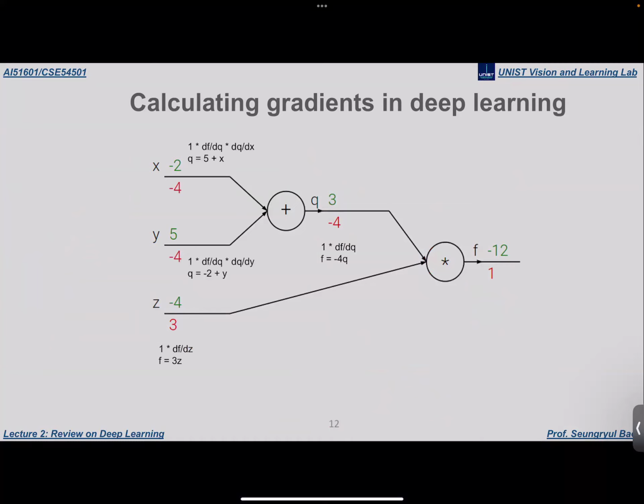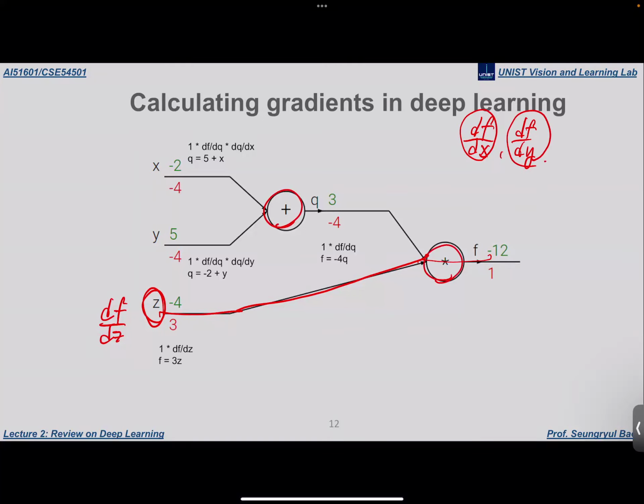And then we have to calculate df dx and df dy. We already calculated df dz because it is constituted with one layer. It's simple, right? But for calculating these two, it is constituted with 2 layers, right? And we already get the gradient for this later layer.